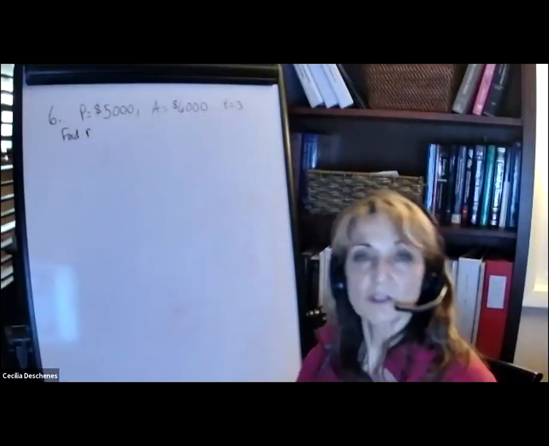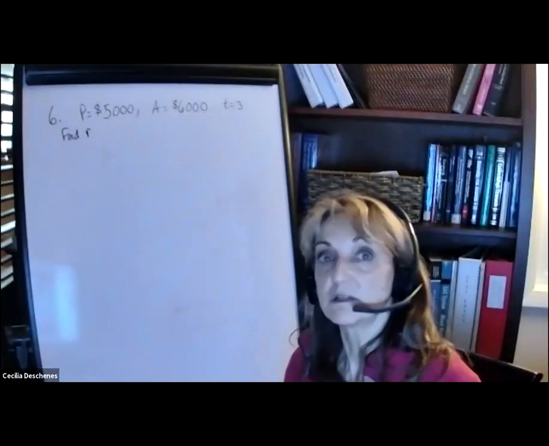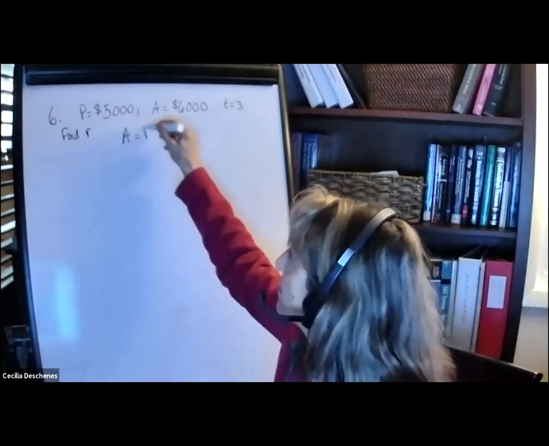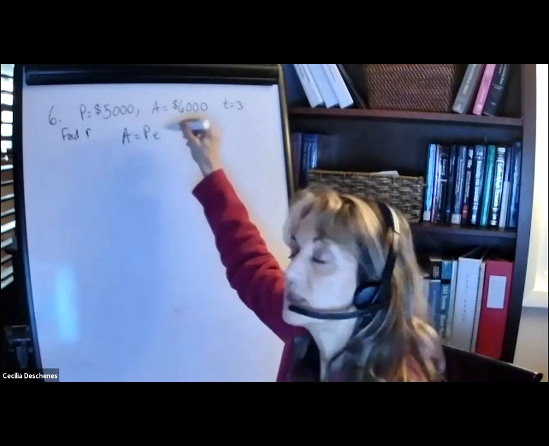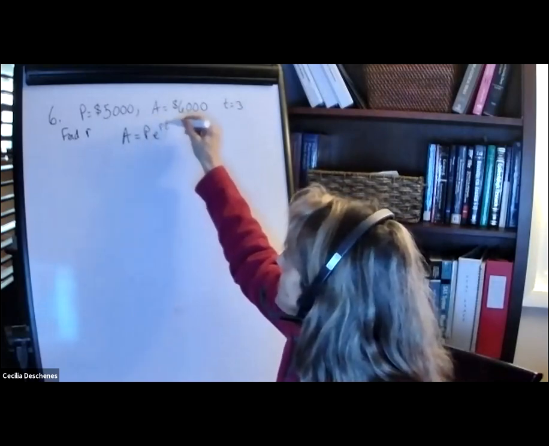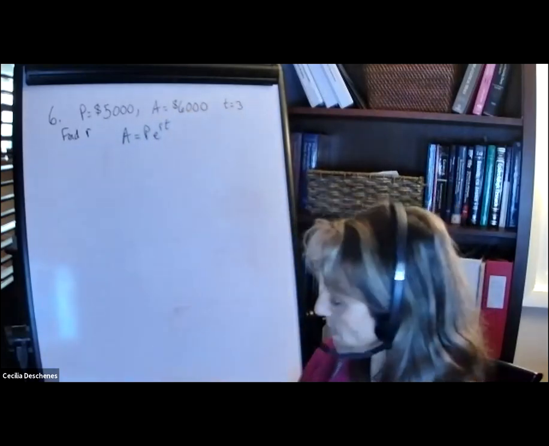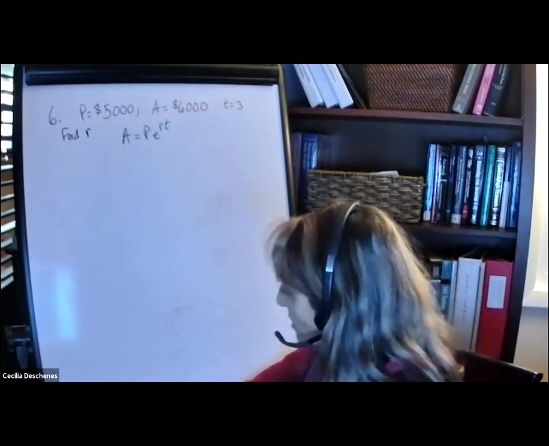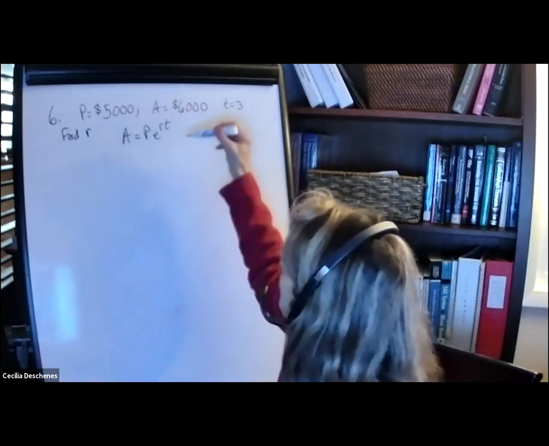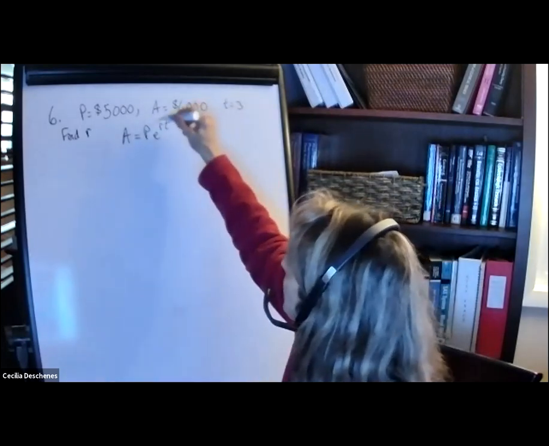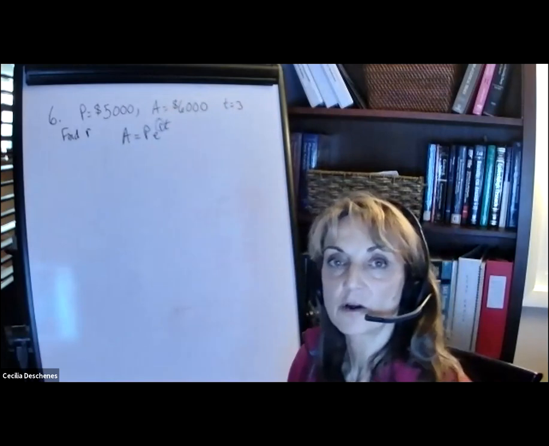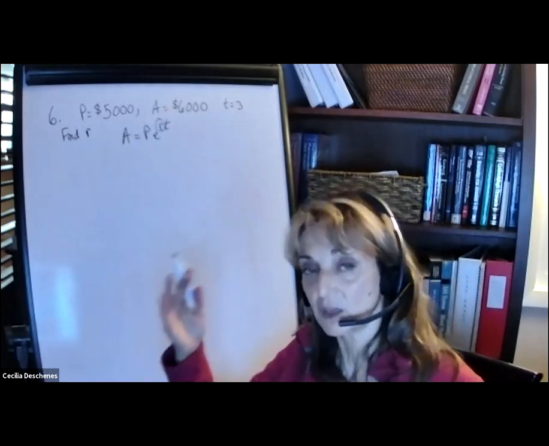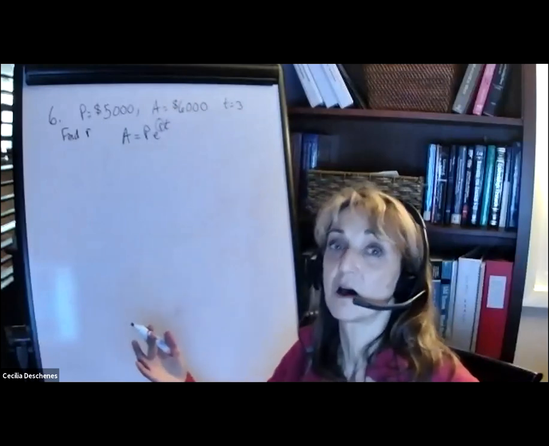Okay, so since we said let's talk about compounding continuously, automatically we know we're going to use the PERT formula. So the amount equals the principal times e raised to the rt. Now we have what we need. The only catch here is that we will know everything that we want except for r, so we're going to solve for r. Once again, we're solving for something that's in the exponent, so automatically think strategy: you're going to need to take logs.